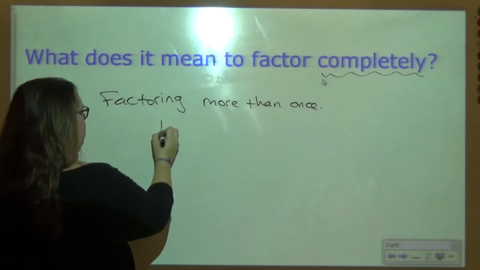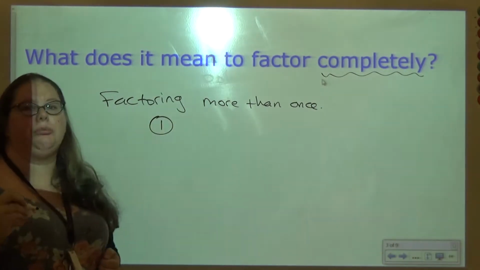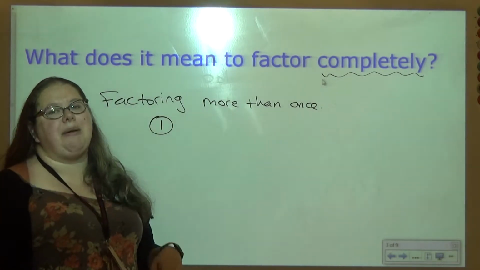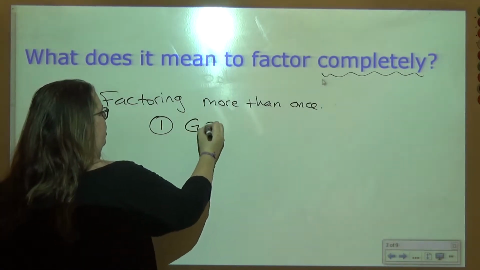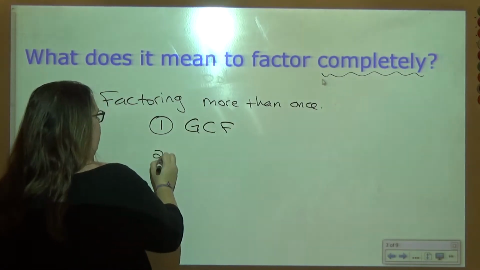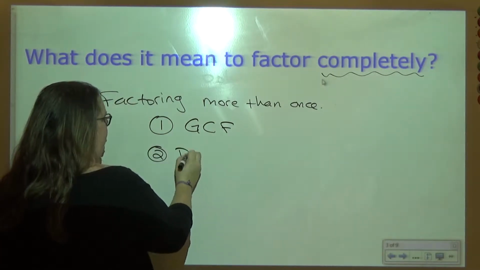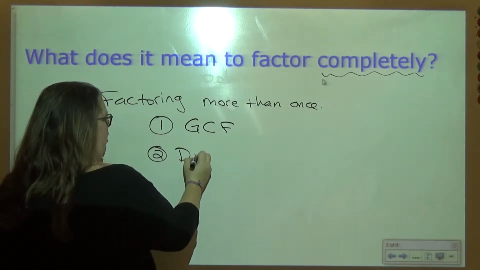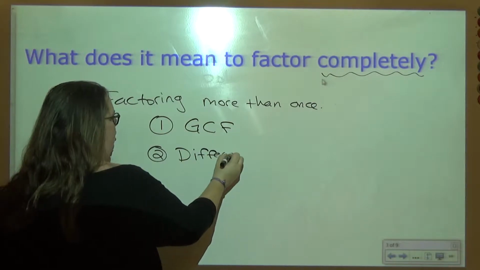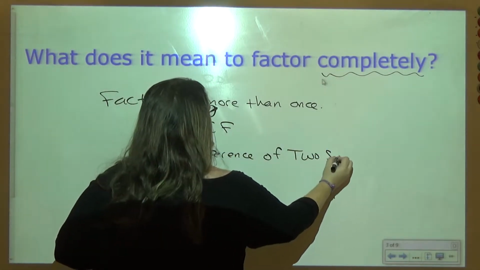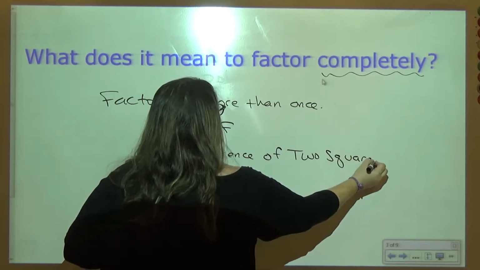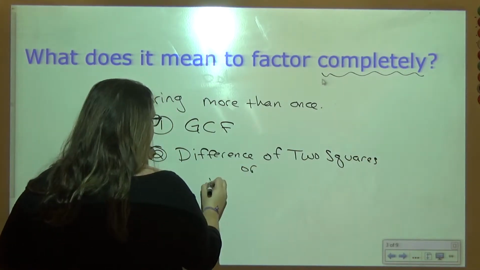Typically, when we factor completely, not 100% of the time, but most of the time, you're doing your GCF first, and then you're doing either your difference of two squares, or your product sum.